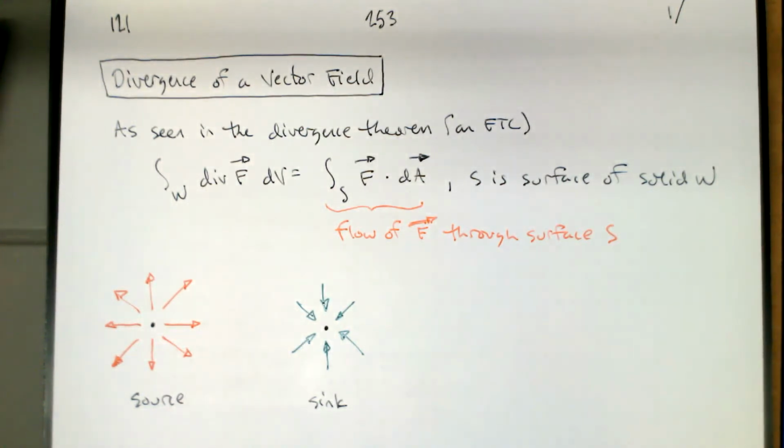So what we're going to want to try to measure is how much boom is going on at the point, or how much reverse boom, how much move is going on at a point. Is it drawing stuff in, or is it pushing stuff out? We can see that a source is just -1 times a sink, because we just changed the direction of the vectors.